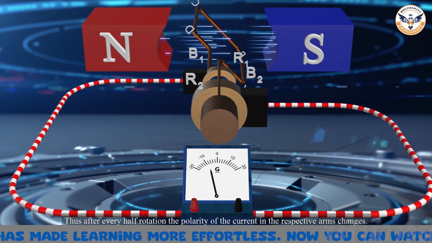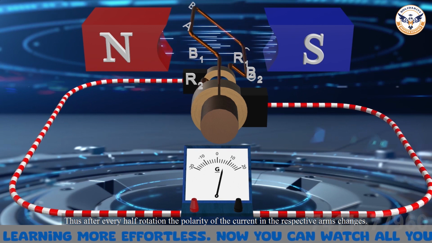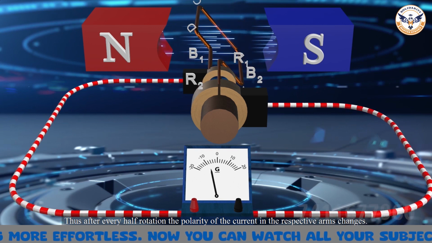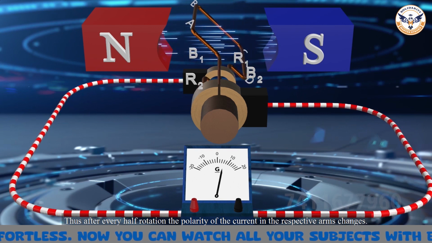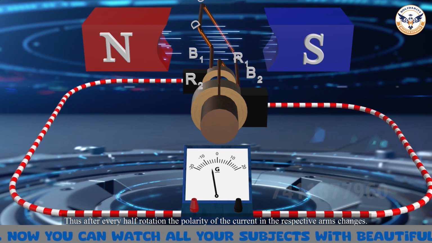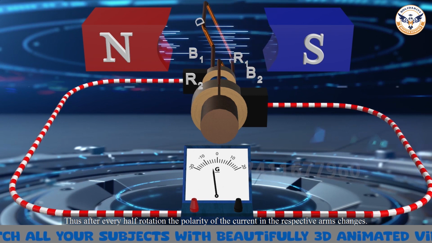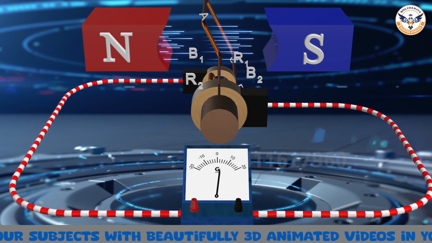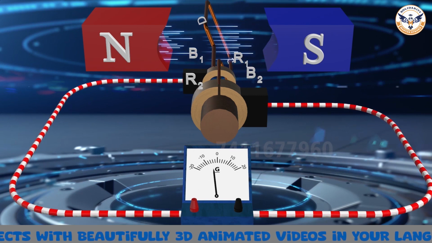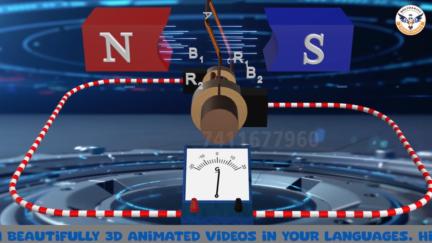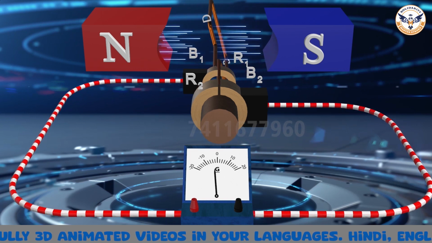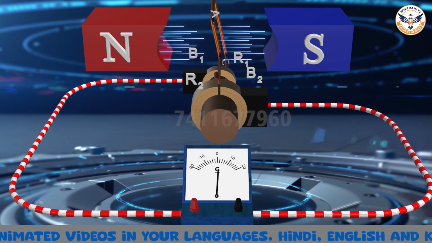Thus, after every half rotation, the polarity of the current in the respective arms changes. Such a current, which changes direction after equal intervals of time, is called an alternating current. The abbreviation is AC. This device is called an AC generator.